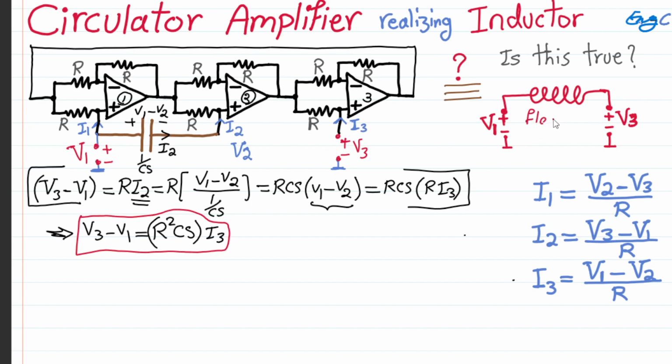This is a floating inductor, effectively a virtual one, that is realized because the way I'm seeing that V3 minus V1 is related to I3 is as if I have an inductance with inductance value of L equal to R squared C. That's it. And therefore, the inductor impedance is Ls, which is R squared Cs.